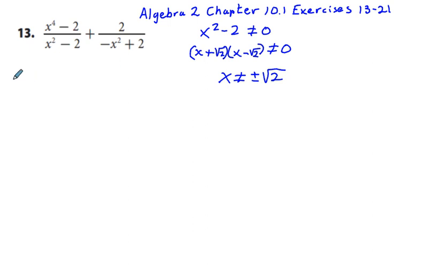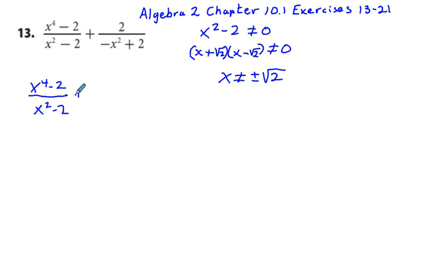And then I'm going to show you something. We have x squared minus 2, I'm just rewriting the fraction here, over x squared, minus x to the fourth power minus 2 over x squared minus 2.